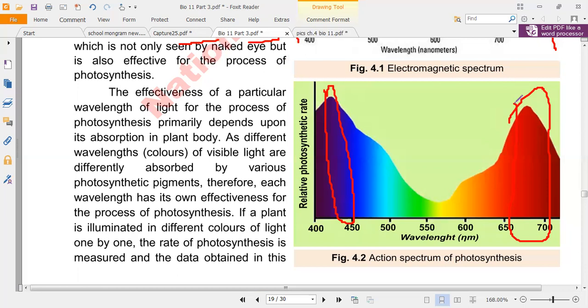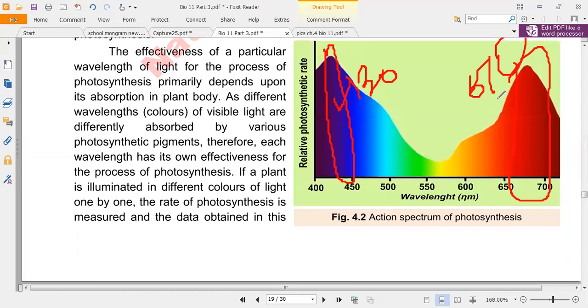So we can say that blue, that is violet blue, in the range of 430 nanometer, and orange red light, that is 670 nanometer, is most effectively used in photosynthesis by photosynthetic pigments because they absorb most of this range of light.